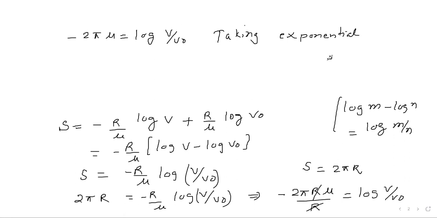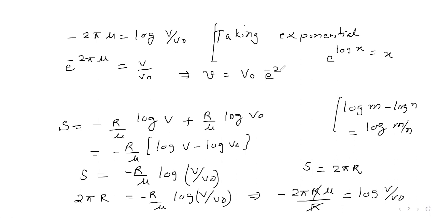So we know that e to the power log of x gives x. So here we will get e to the power minus 2 pi mu equal to V upon V0. Our concern is to get the value of V. So V will be equal to V0 e to the power minus 2 pi mu. And that is our answer.